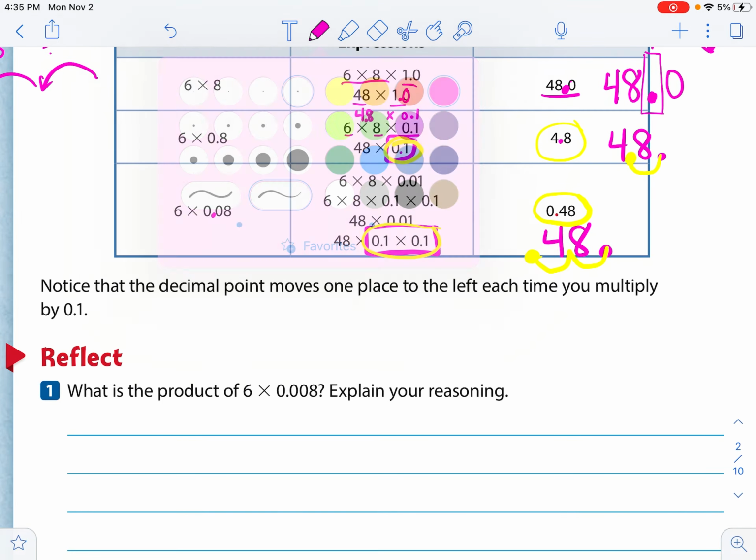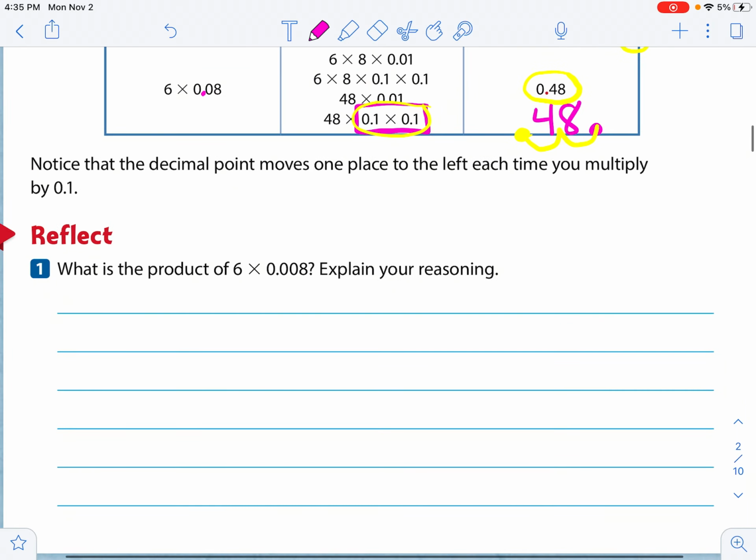So what in the world do you think is going to happen with 6 times 8 thousandths? All right, let's just ignore this one fact for a minute. We know what 6 times 8 is, right? 6 times 8 is 48.